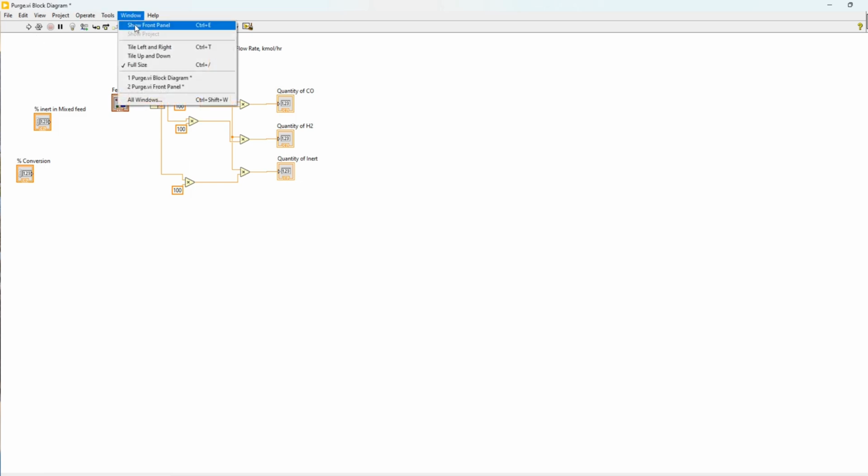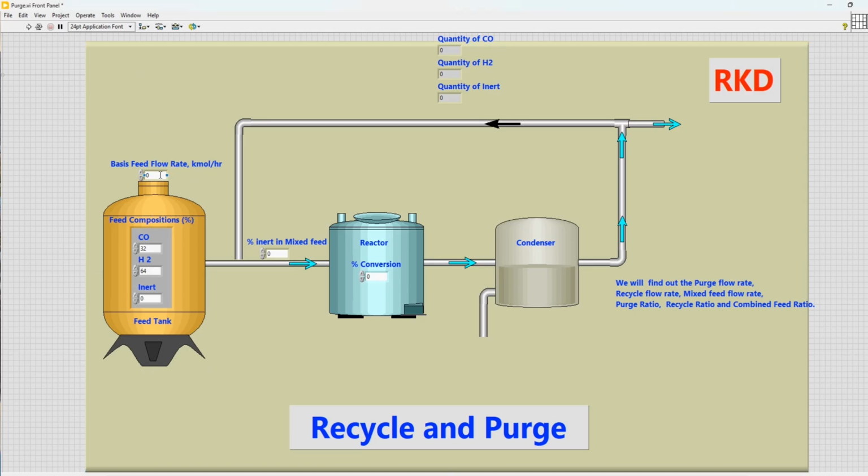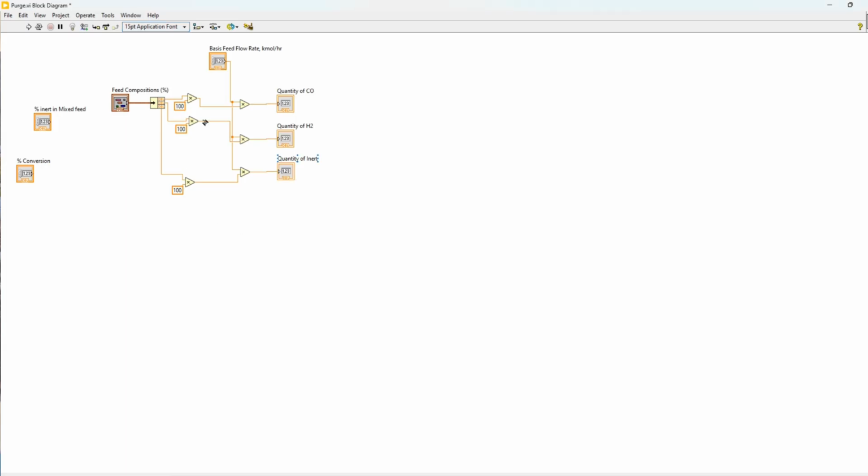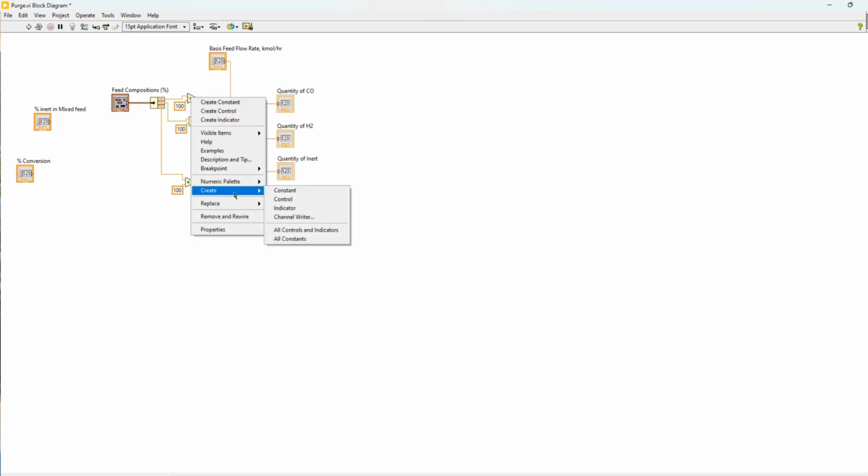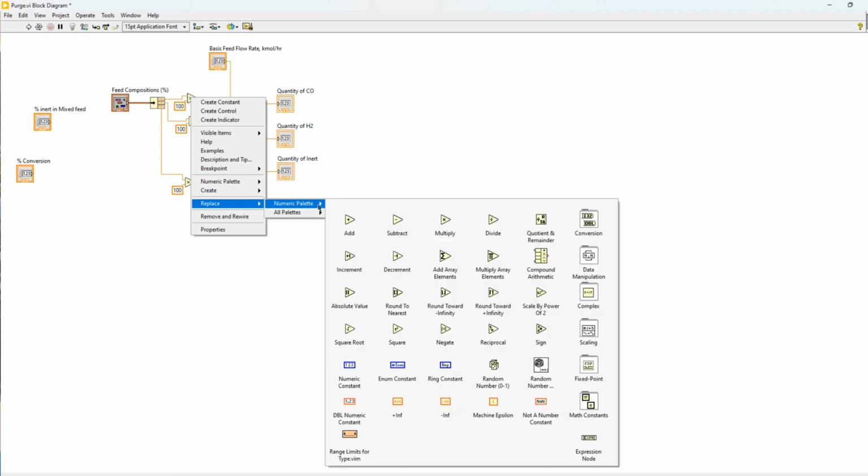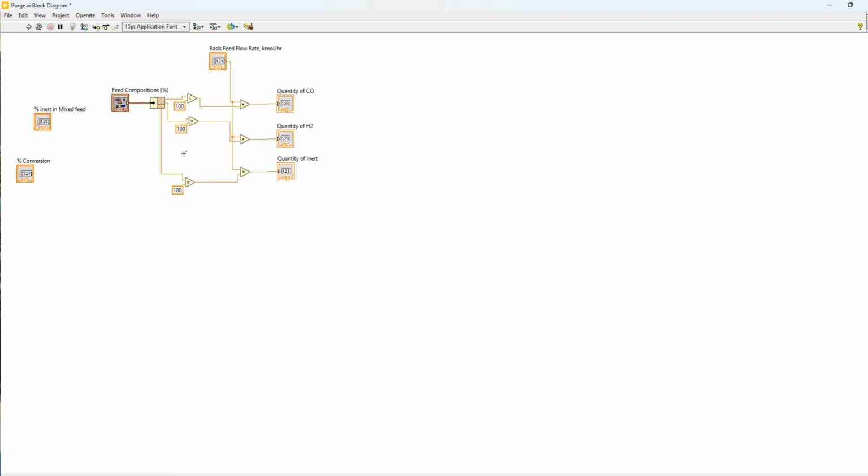Okay, now we'll check whether it is working or not. Suppose I'm taking the feed as 100. Sorry, here we have to change it to a numerical value, and this is divide.